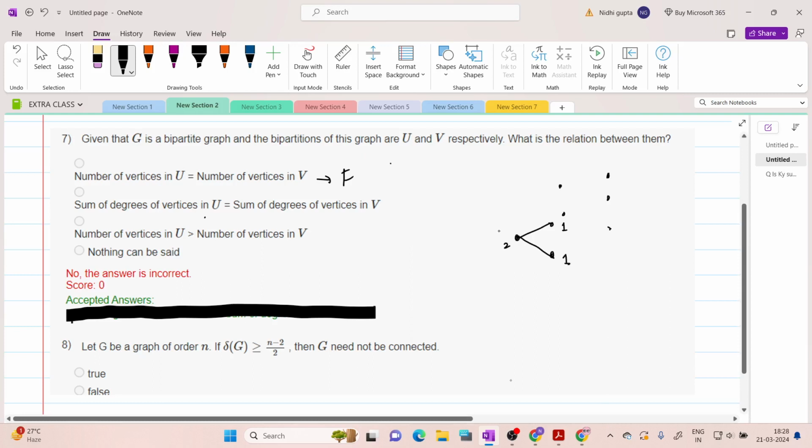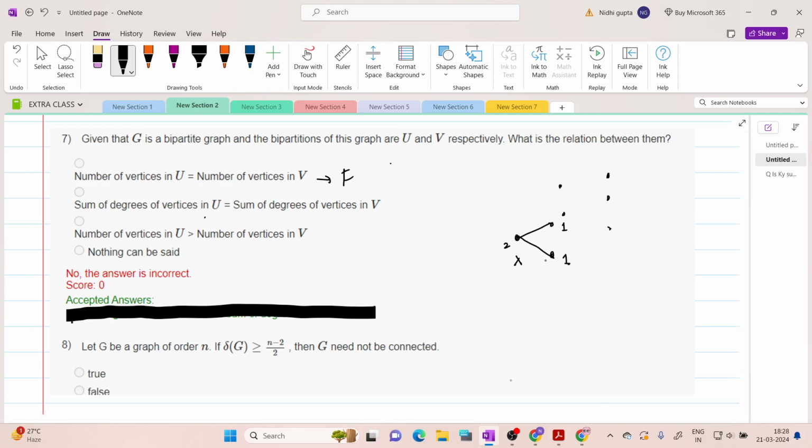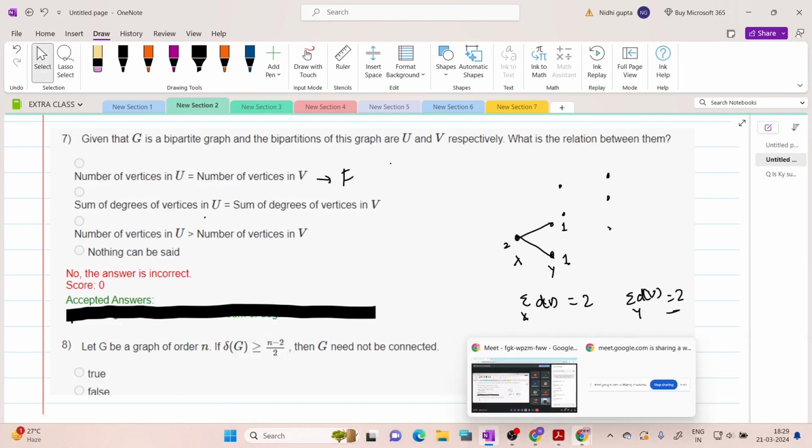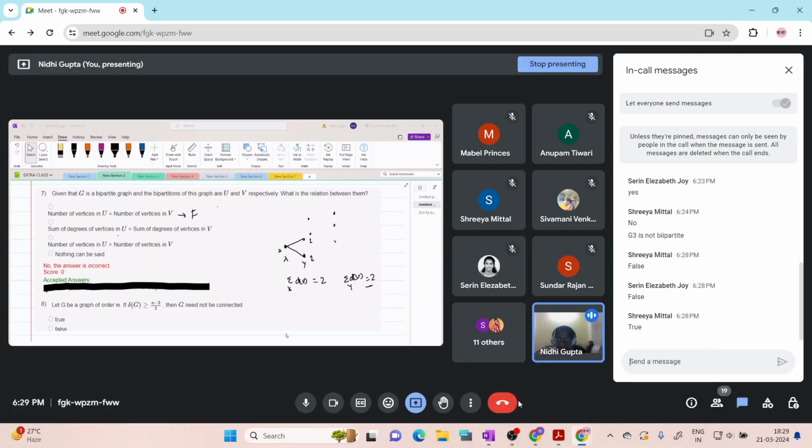So the sum of degrees of vertices in X is coming out to be 2. This example is not working. We discussed a similar example, a similar proof, today. So somebody said it is true that the sum of degrees of vertices in U should be equal to the sum of degrees of vertices in V. Then why do you think it is true?